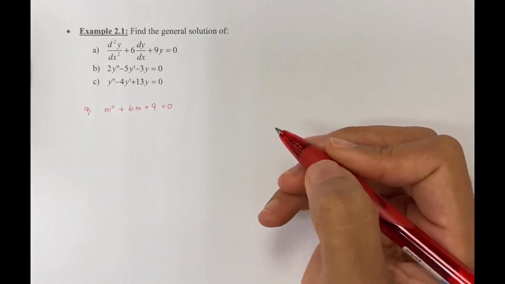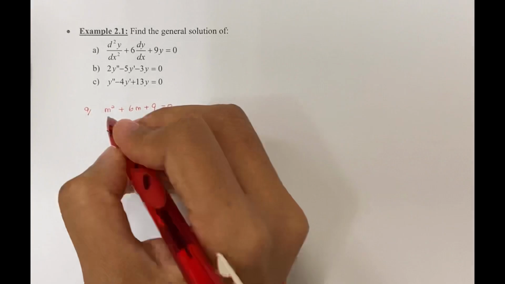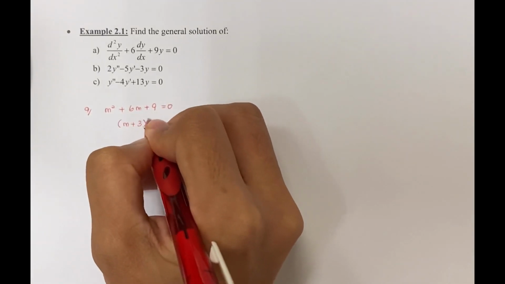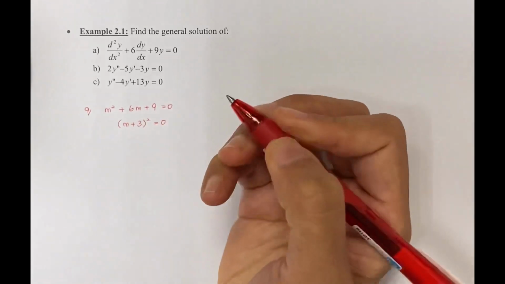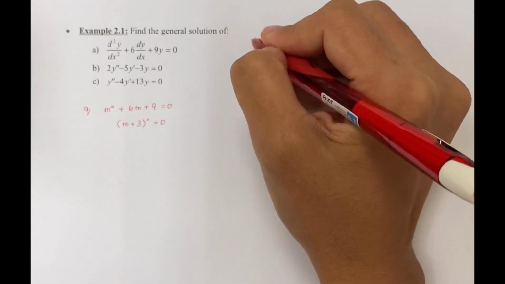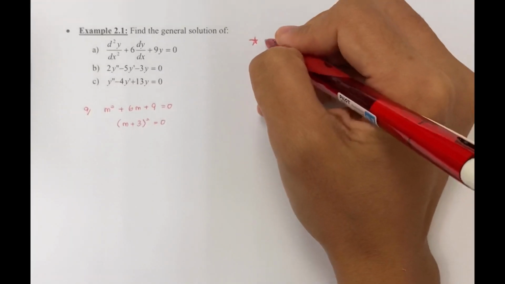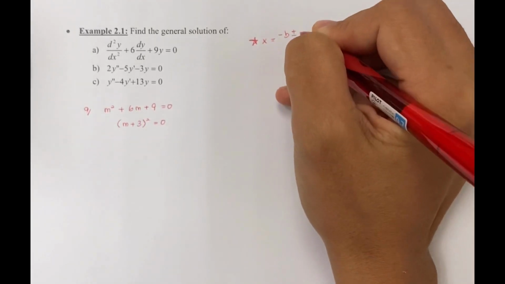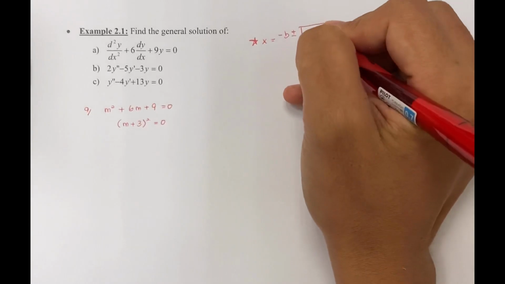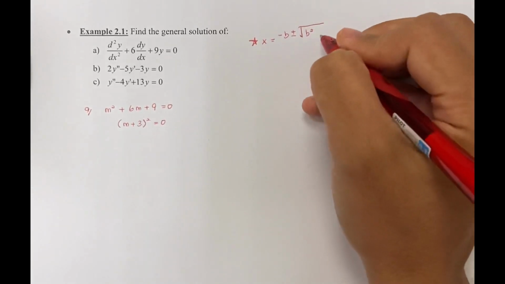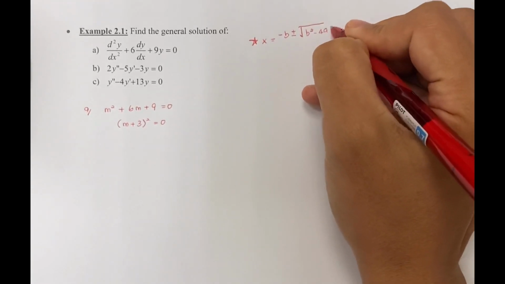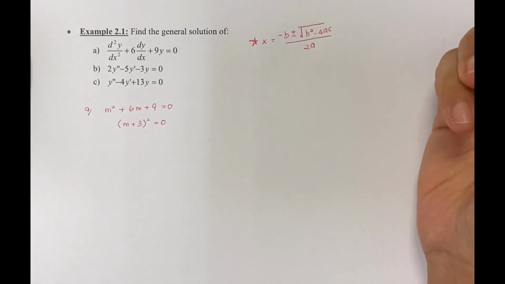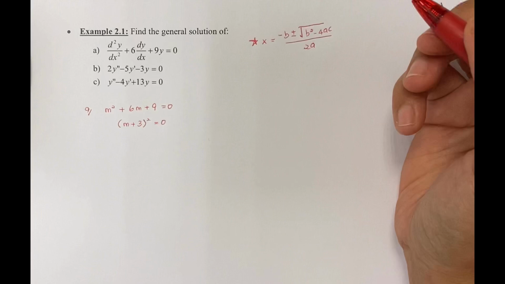And then find the roots for this equation. So this basically is (m plus 3) square equal to 0. You can either use the quadratic formula, where m is equal to minus b plus minus square root of b square minus 4ac over 2a, or you can just use your calculator.